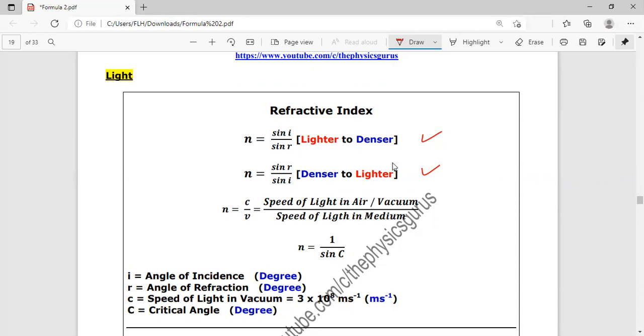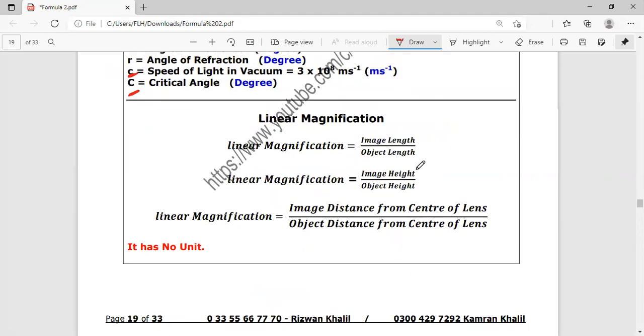Another formula to calculate refractive index in terms of critical angle, n is equal to 1 over sine capital C, and capital C is representing critical angle and small c representing speed of light, and it has a fixed value, that is 3 into 10 to the power 8 meter per second. Then formula of linear magnification, image length over object length or image height over object height or image distance from center of lens to object distance from center of lens.